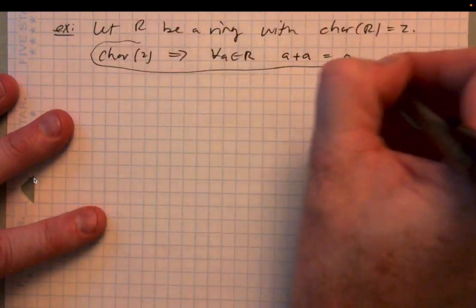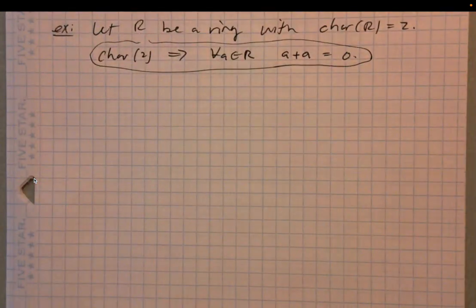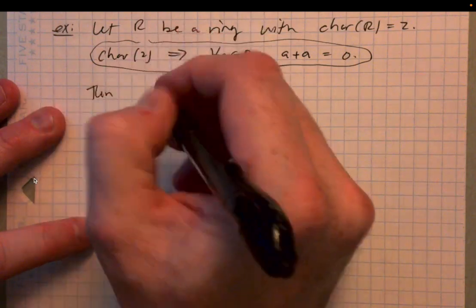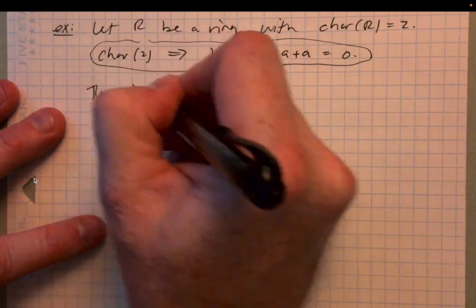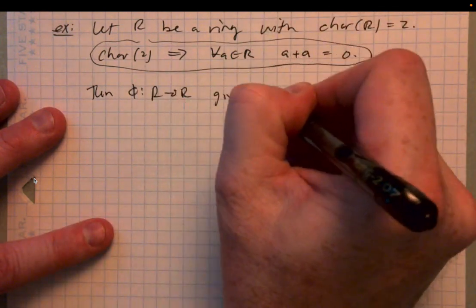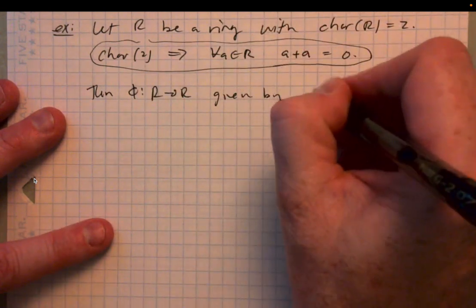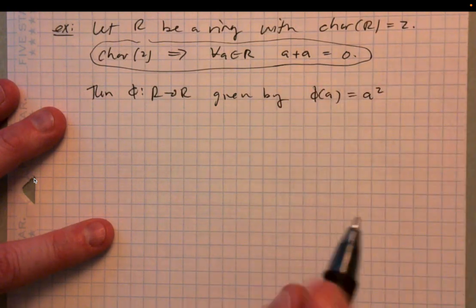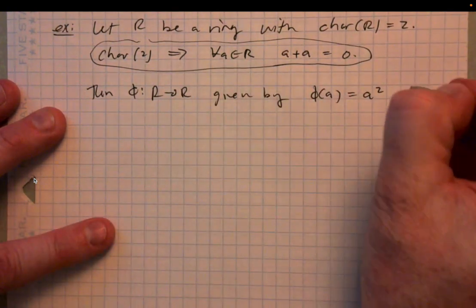Okay, remember that. So characteristic n just meant a plus a plus a dot dot dot n times equals 0, right? Or another way to say it would be 2a equals 0 or na equals 0 if it's characteristic n. Okay, so if R is a ring with characteristic 2, then phi, a mapping from R to R, given by phi of A equals A squared, is a ring homomorphism.